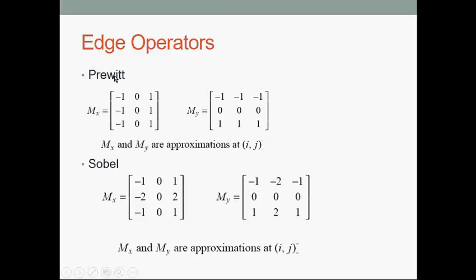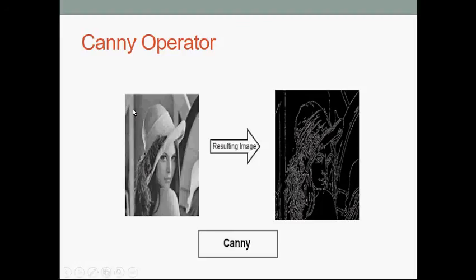Okay, these are the two. These contain the center pixel. That's why these are more efficient as compared to the Roberts. And this is the most efficient operator of all the gradient based operators.